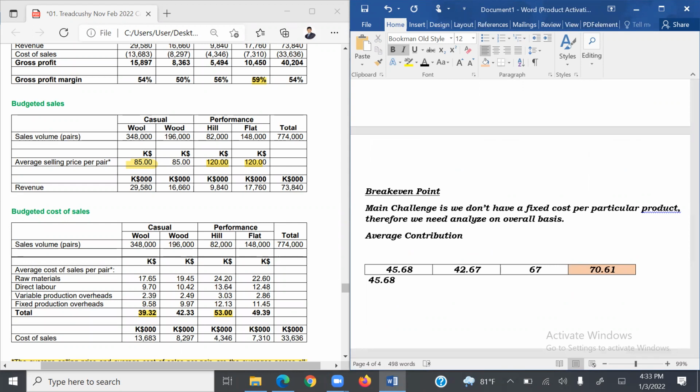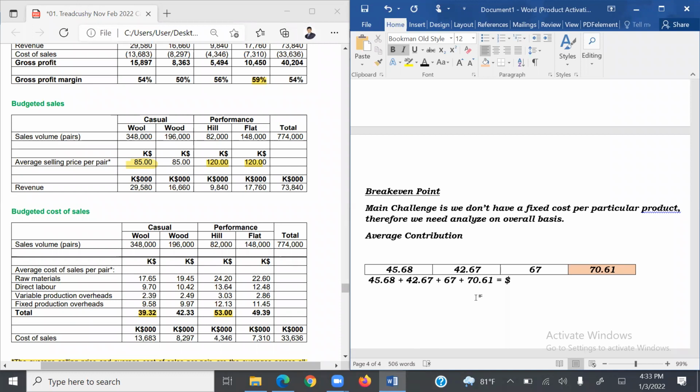45.68 plus 42.67 plus 67 plus 70.61. Students, if you do not mind, can you tell me what is the total addition of this?